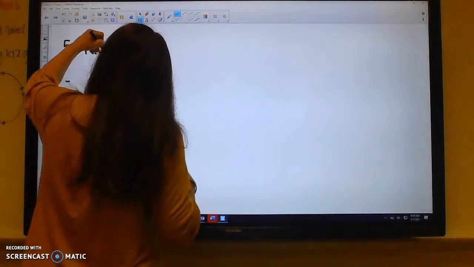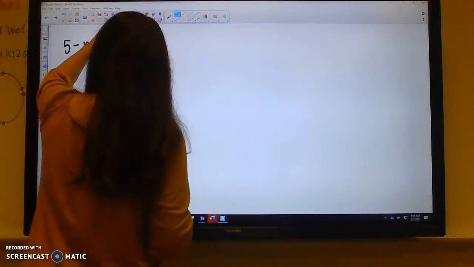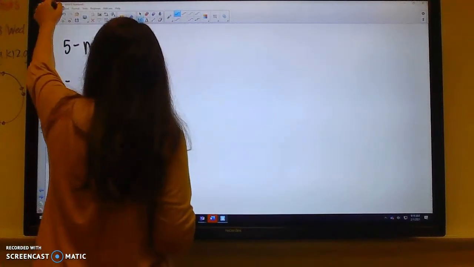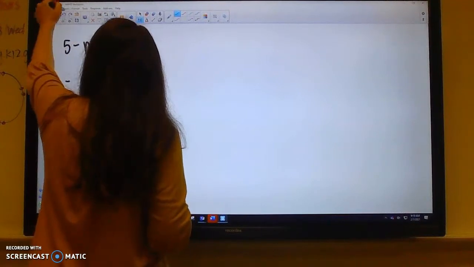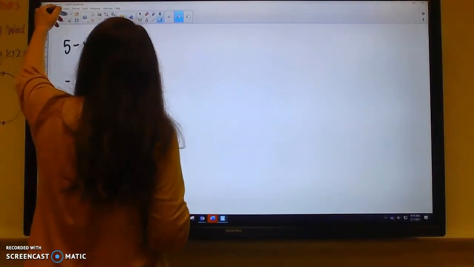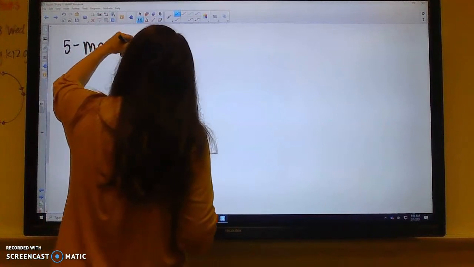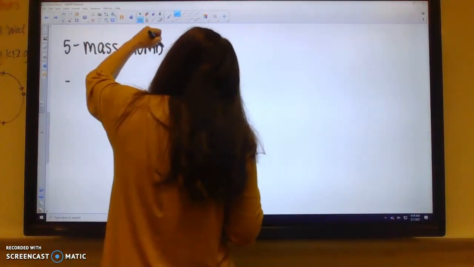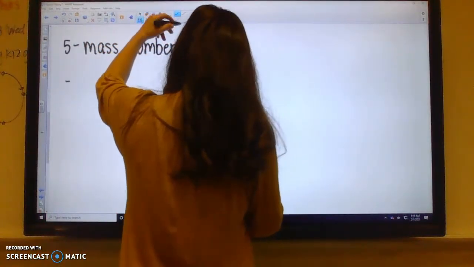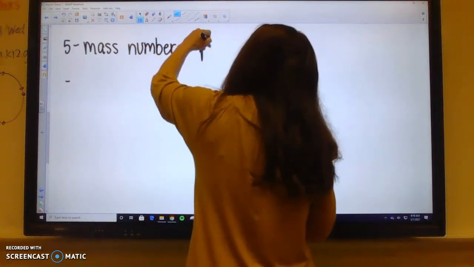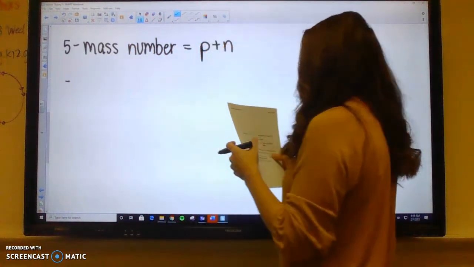So the mass number, also known as the atomic mass. Whoops. I was thinking atomic, so I got a little excited here, starting to write down more than I needed to. So the mass number is equal to the protons plus the neutrons.